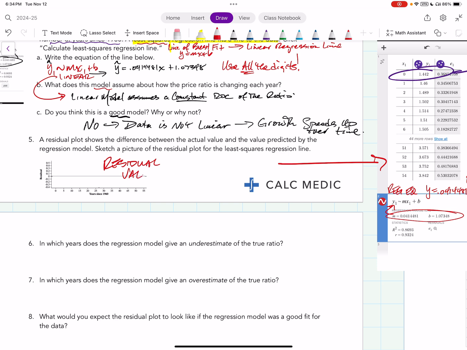Residual value, I'm just writing it down to make a point, is the actual value minus predicted. Key concept. Notice that I've written it down in red twice.